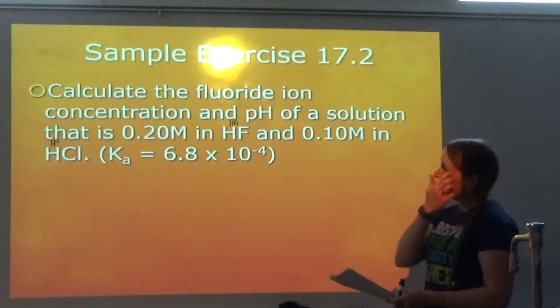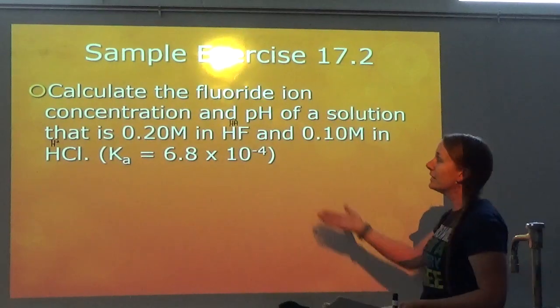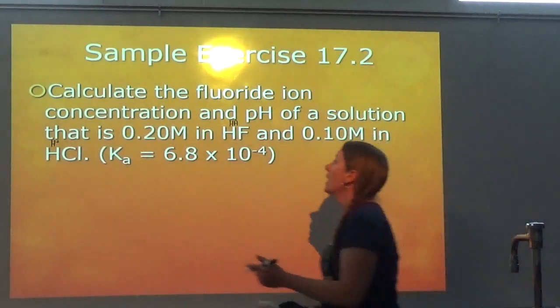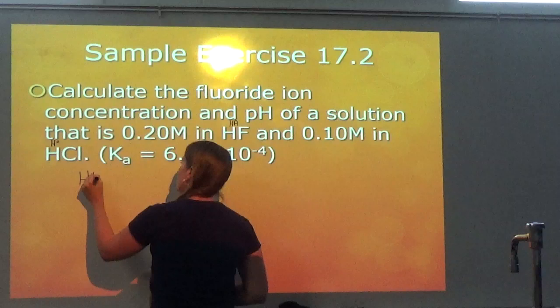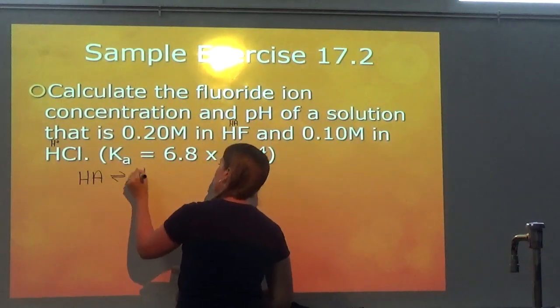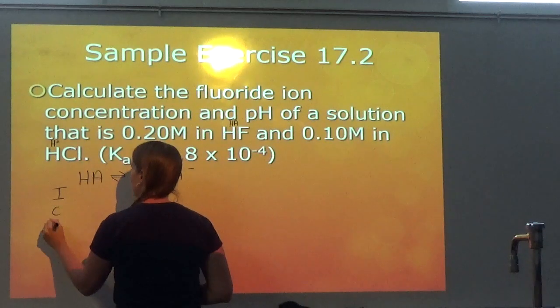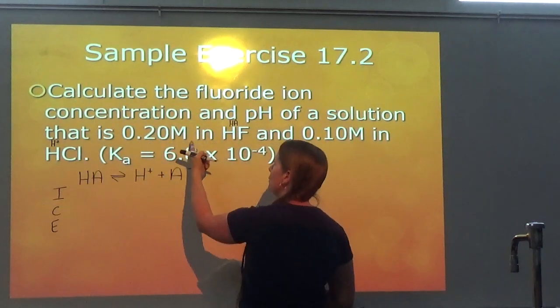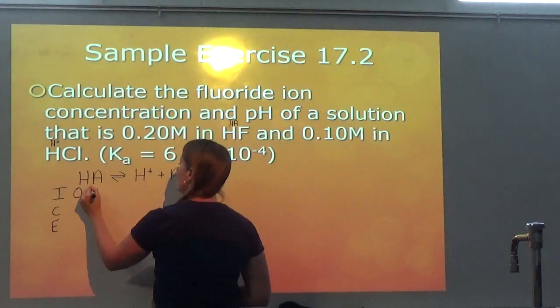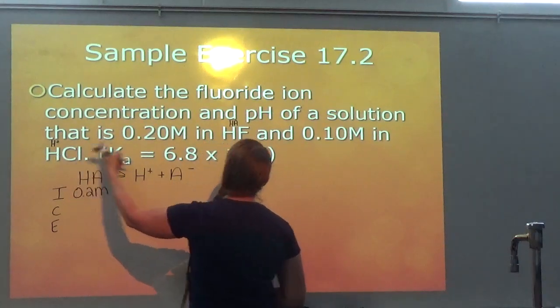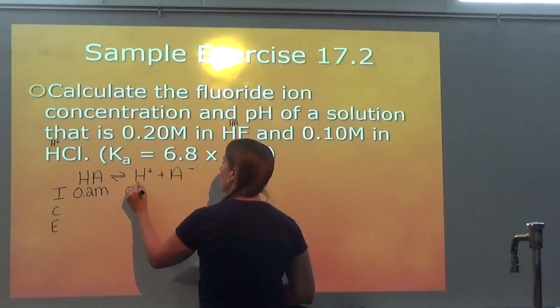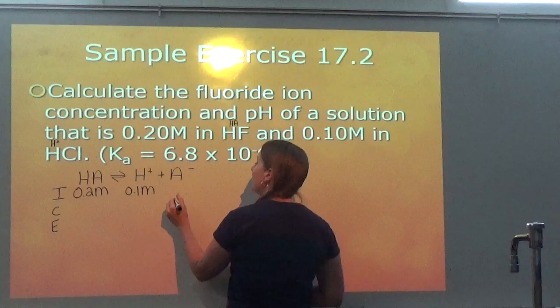Okay, so in this case, I have some H+ already, and then it tells me my Ka. All right, so I have my HA yields my H+ and my A minus. Set up my ICE chart. So my HA is 0.2 molar. This time my H+ is 0.1 molar, and my A minus is none.